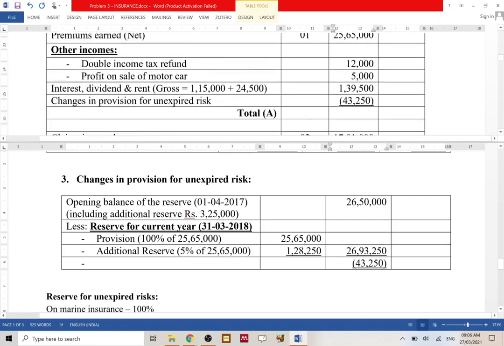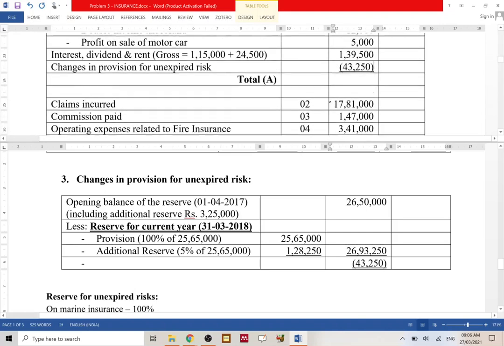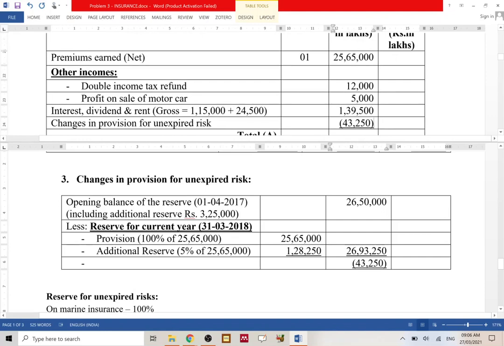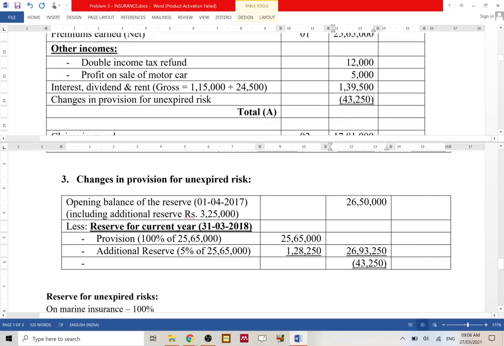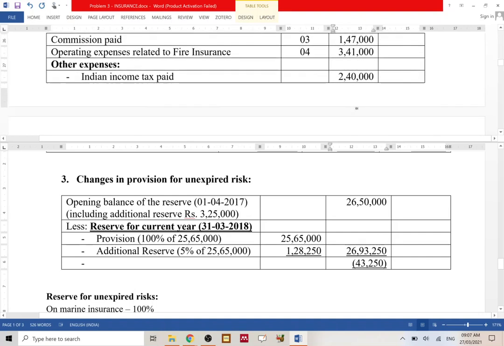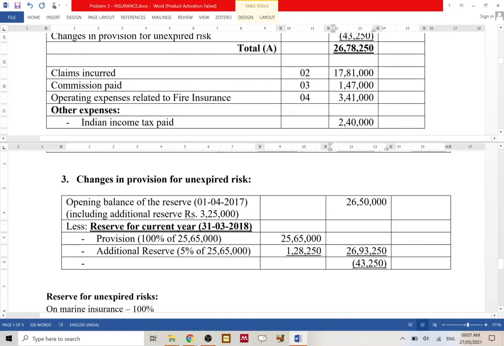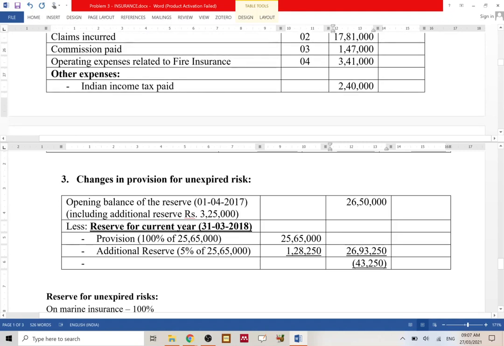Fine. So we have all the amounts now in the revenue account. 25,65,000 plus 12,5,000 plus 1,39,500 minus, this is a negative, so minus 43,250 gives us a total income of 26,78,250. Done, this total. And here, all the expenses, 17,81,147,341.